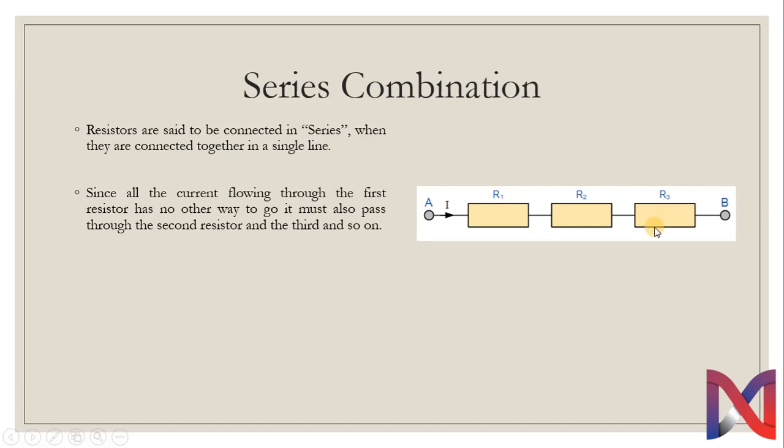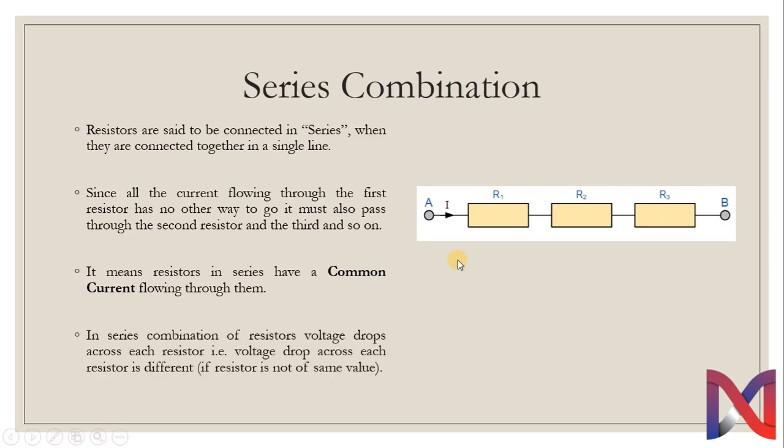It means that current remains the same in a series connection. This is why resistors in series have a common current flowing through them. For example, 5 milliampere is flowing through R1, the same amount of current will flow across R2 and R3 as well.